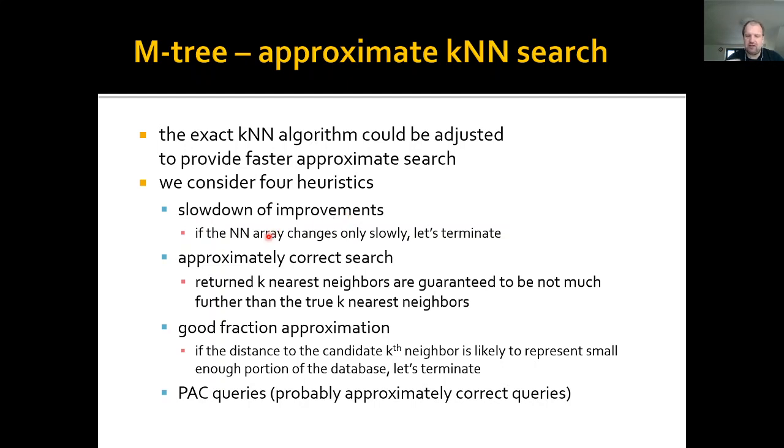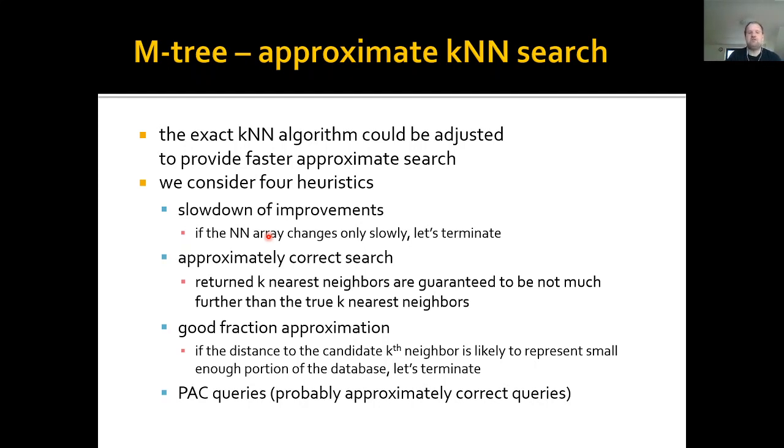That means there are iterations in the algorithm. We already saw that there are iterations. They are popping the request from the priority queue and updating the NN array. And if this updating leads to slower and slower improvement of the candidates, because the candidates are somehow far from the query, and the improvements of lowering the distance slow down, then maybe it's better to stop and return a candidate that is good enough, because the actual nearest neighbor would be better, of course, but not so much better.